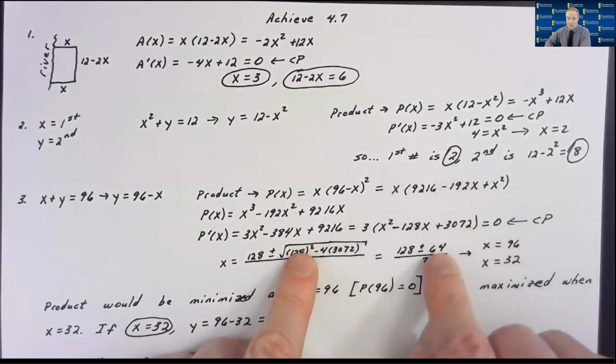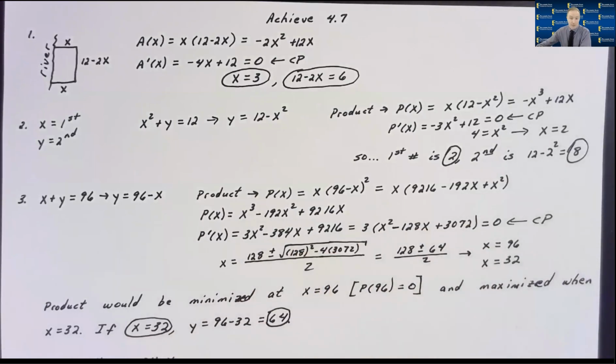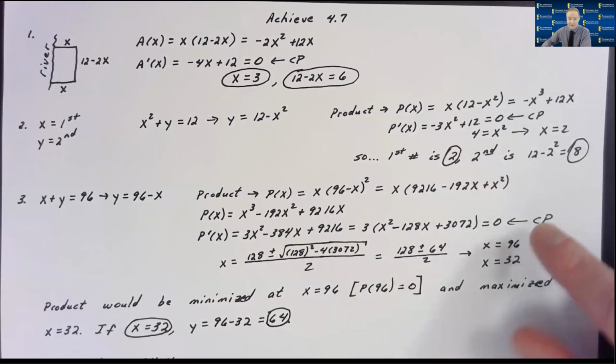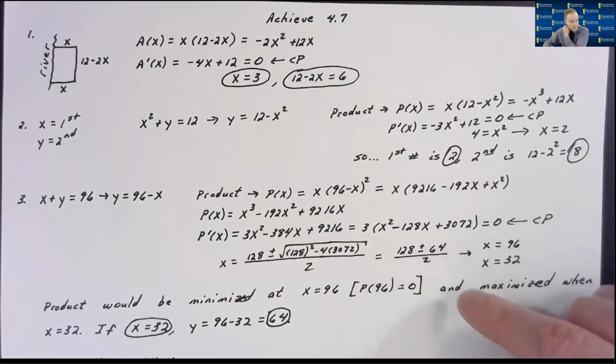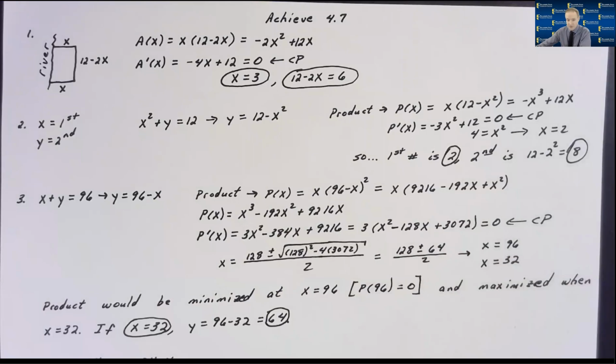The square root came out to be 64. So I had 128 plus or minus 64 over 2. 128 plus 64 over 2 gave me 192 divided by 2, which is 96. And then 128 minus 64 would give me 64 over 2, which gave me x equals 32.